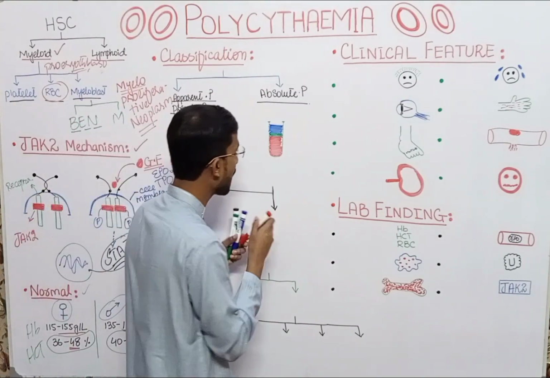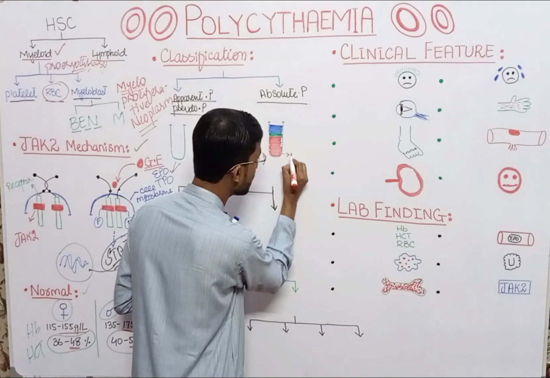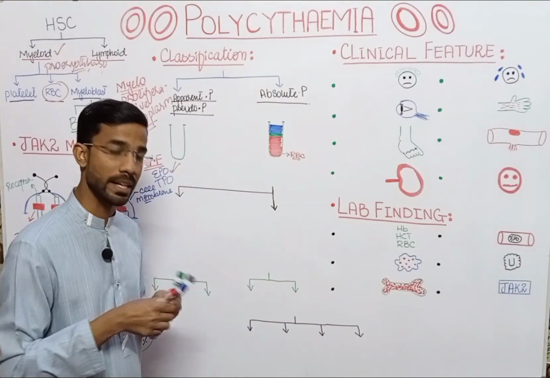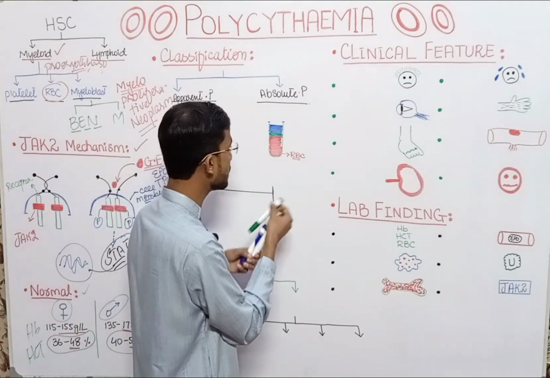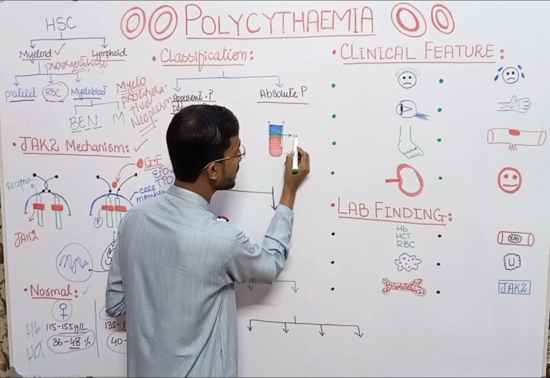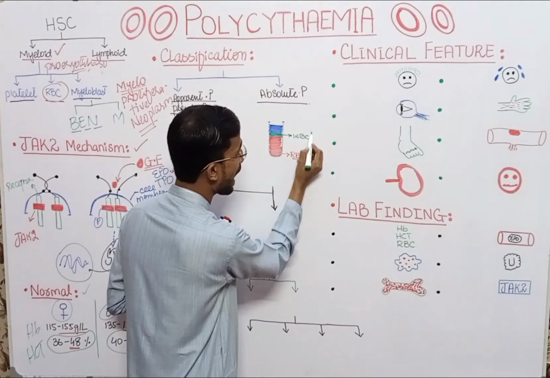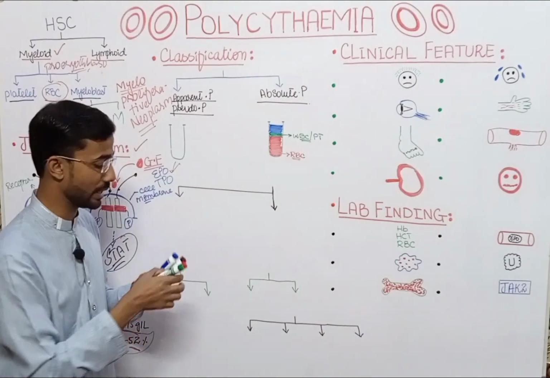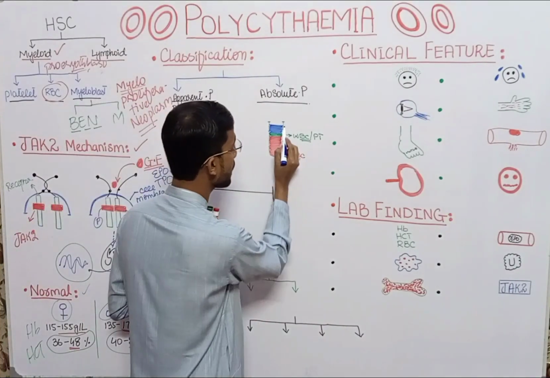The first component is the RBCs, which settle down. The next component is the buffy coat, in which you will see the white blood cells and the platelets. And the last component is the plasma.